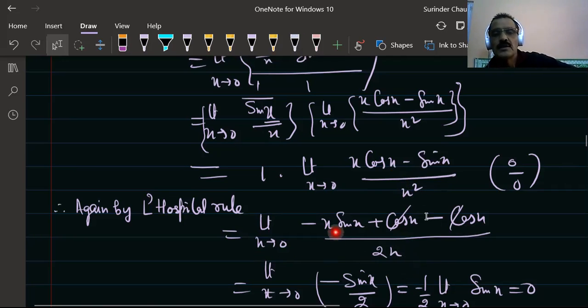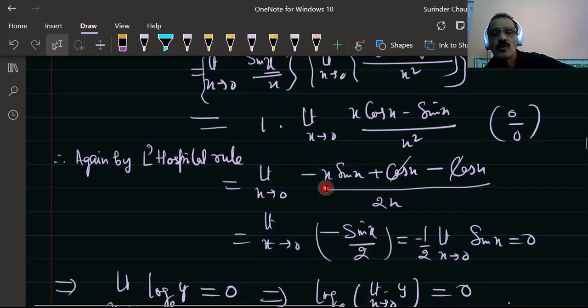Now again it is 0 by 0 form, or you can cancel the common x factor from numerator and denominator. This is equal to limit x to 0 of sin x by 2, which is equal to 0.